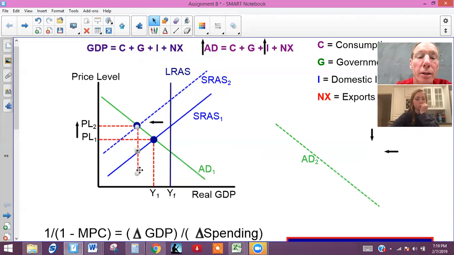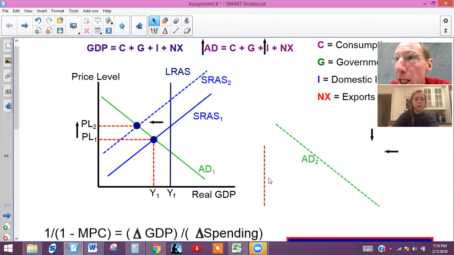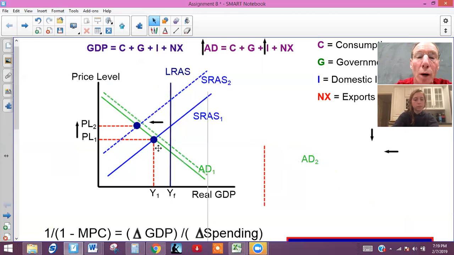So what we're saying is the only way that we're going to maintain the same real GDP is if nominal income goes up. And think about it: if everybody starts getting more money in their paycheck, if nominal income goes up, that means there's more money in the economy, which means people are able to spend more money, and that's going to shift aggregate demand to the right.